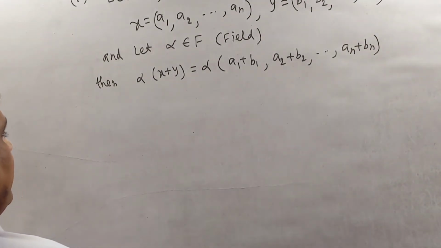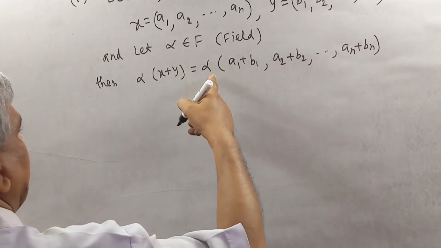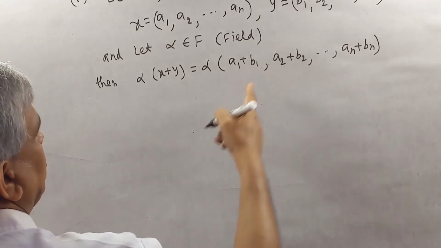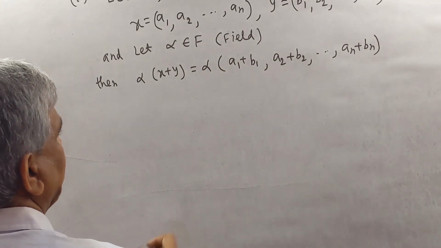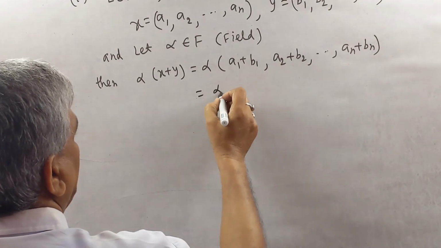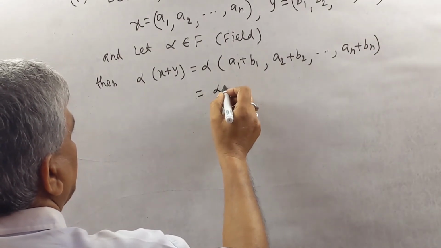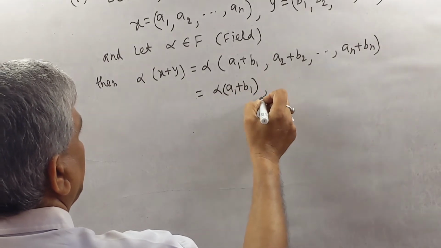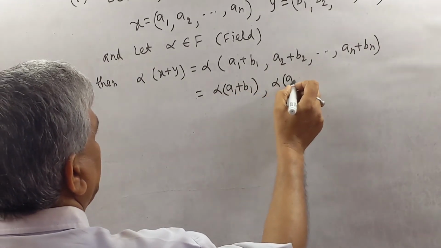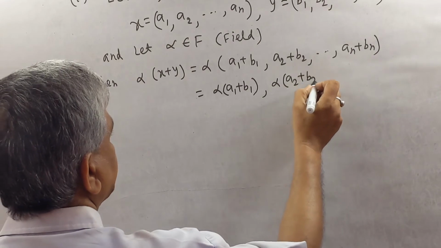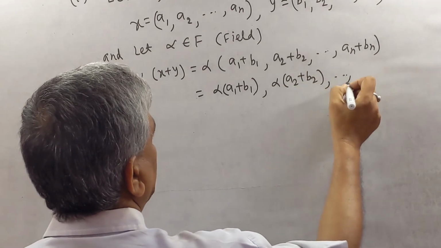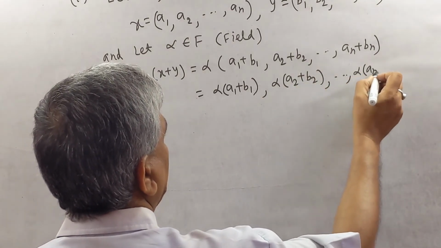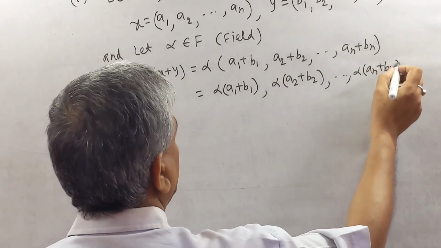We have defined scalar multiplication with the n-tuples as (alpha(a1 plus b1), alpha(a2 plus b2), ..., alpha(an plus bn)).